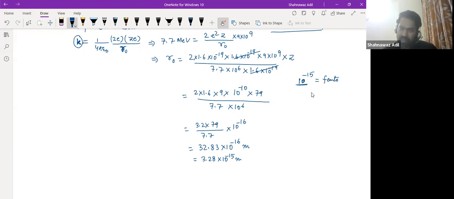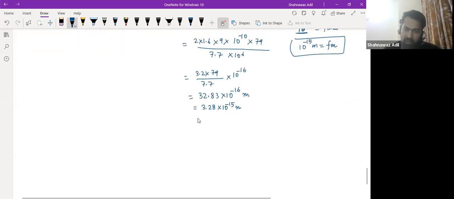And in this case, 10 to the power minus 15 meter is called Fermi. So this is 3.28 Fermi. So this would be the distance of closest approach.